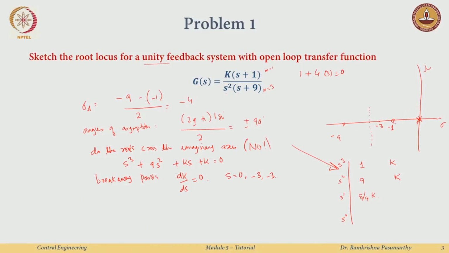Now, we have to decide how these move from here, which direction they go. Do both of them go here, both of them go here, or do they wander here for a while and come back? I know that they never go to the right half plane because of the Routh criterion. So, they just have to be somewhere in the left half plane. And how do they go away?